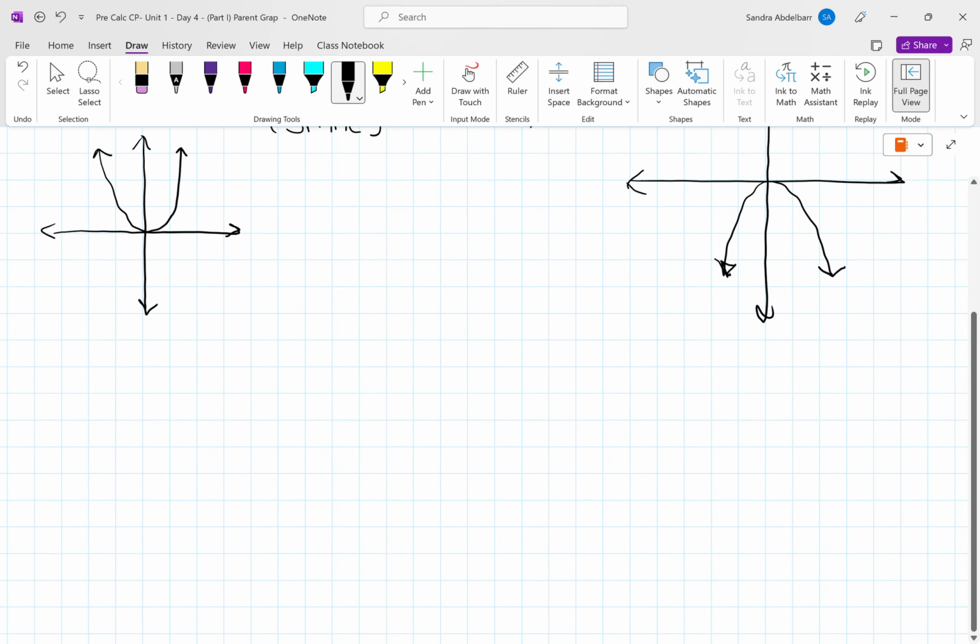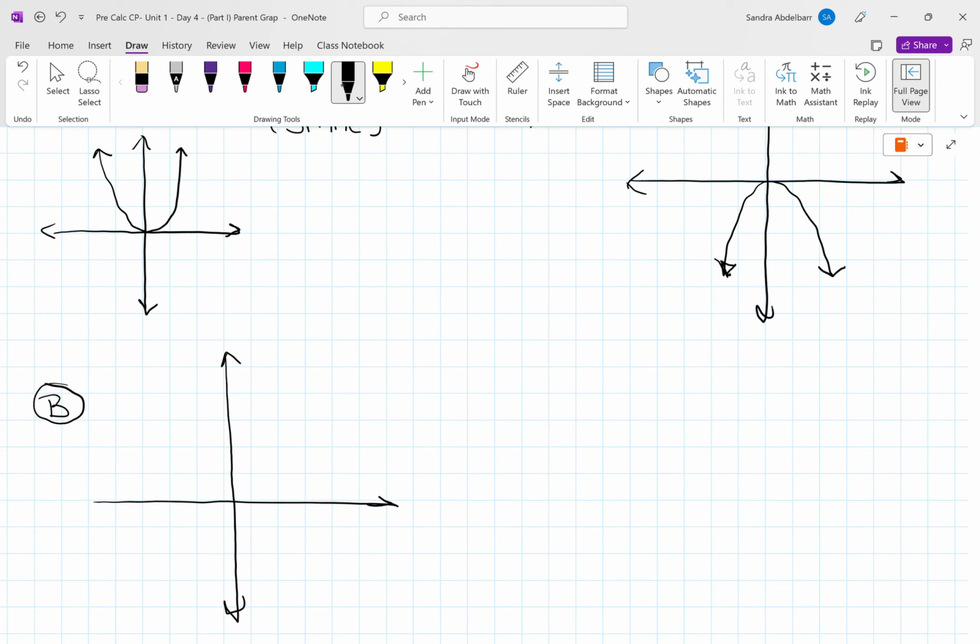The second parent graph that we have to memorize, let's not draw it yet, is the absolute value. So y equals the absolute value of x.